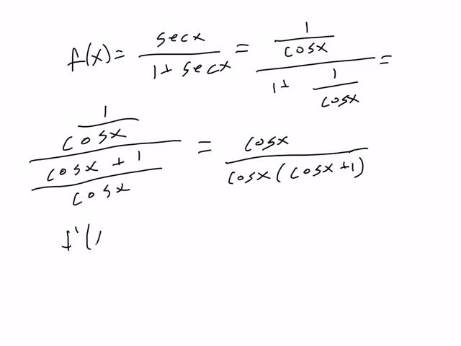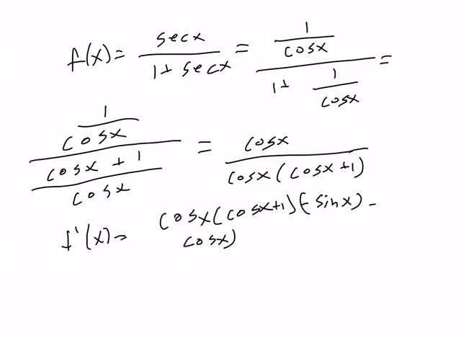So f prime of x is going to be equal to cosine x times cosine x plus 1 times the derivative of cosine x, which is negative sine x, minus cosine x times the derivative of this, which we're going to use the product rule.